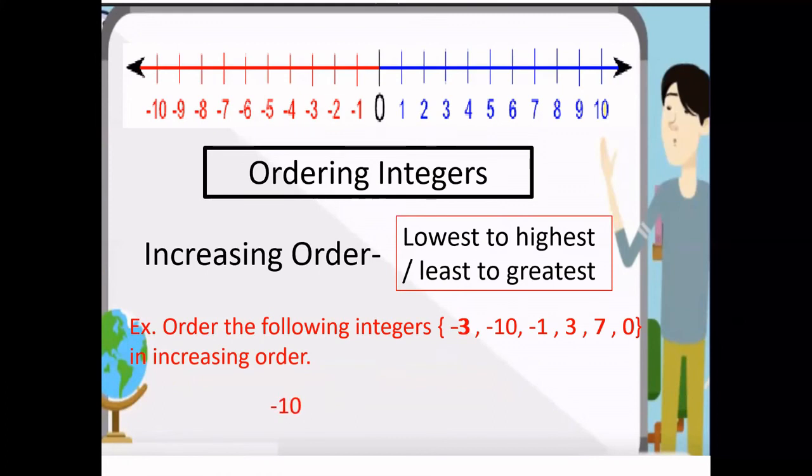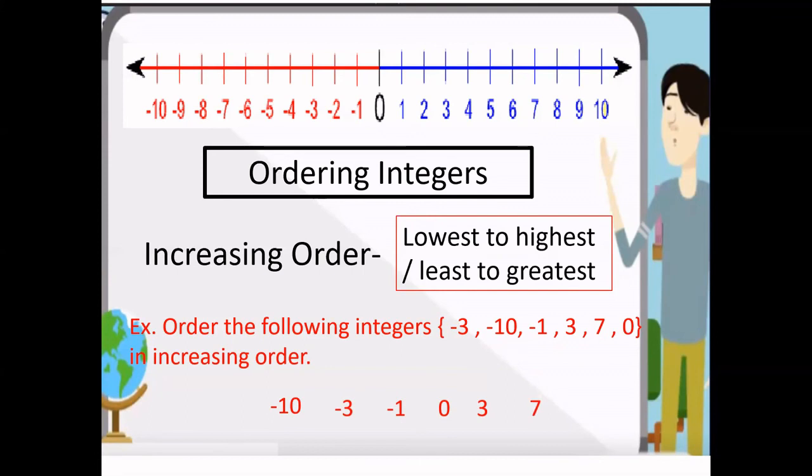Next is, yes, negative 3, followed by negative 1, 0, 3, and 7.